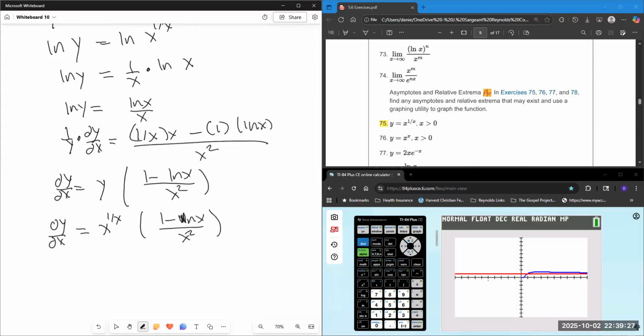Bring these together, dy dx is x to the 1 over x minus 2, so 1 minus ln of x. It's undefined. X to the 1 over x is undefined when x is 0.